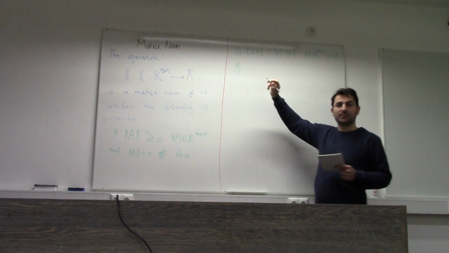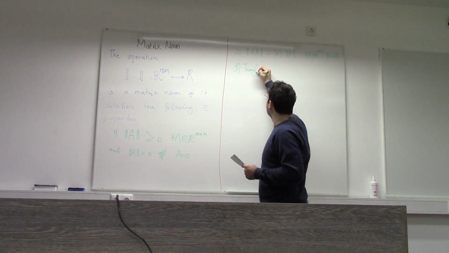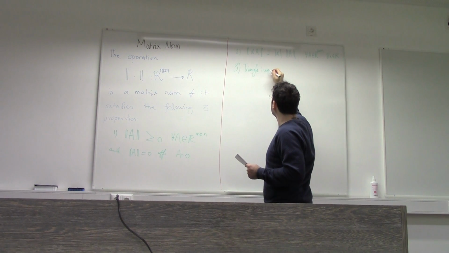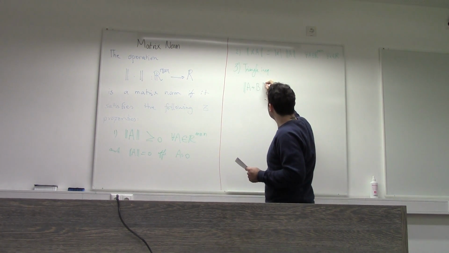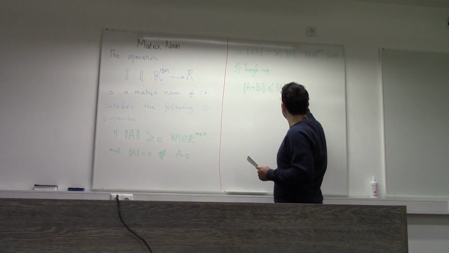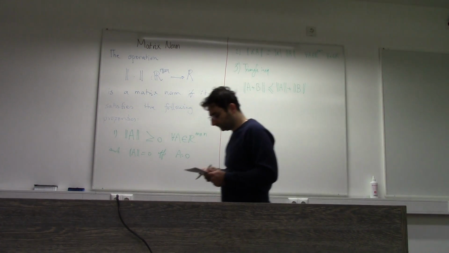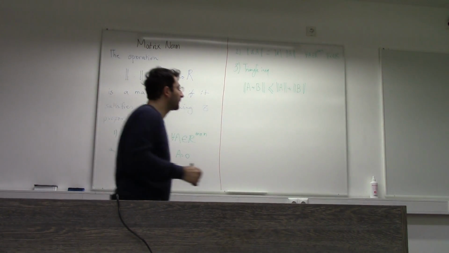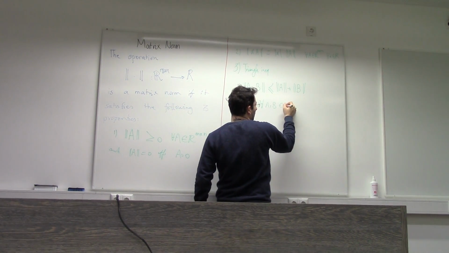Very famous: the triangle inequality, which says that the norm of A plus B is less than or equal to the norm of A plus the norm of B, for any A and B belonging to R n by n.